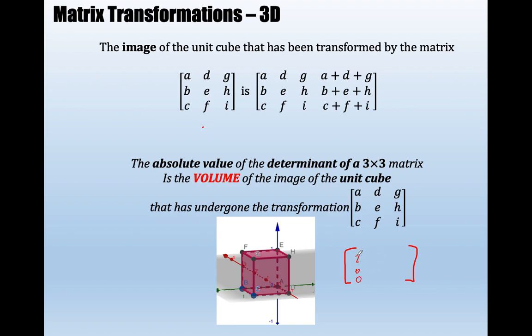My unit vectors at 1, 0, 0, at 0, 1, 0, and at 0, 0, 1 would all be scaled this way, and that would be the transformation matrix, and then the resultant matrix would look just like that. And this is what the resultant 3 by 4 matrix would look like.